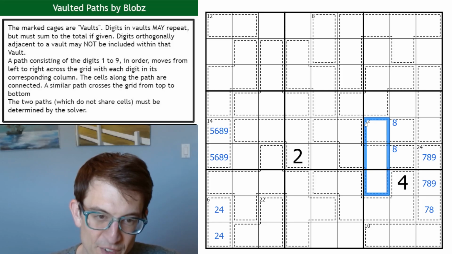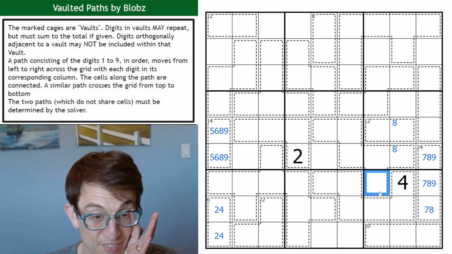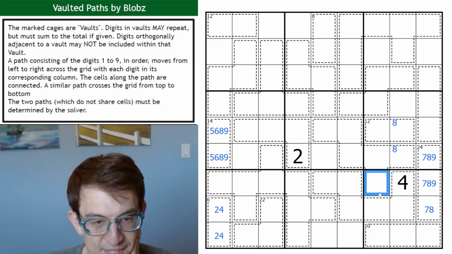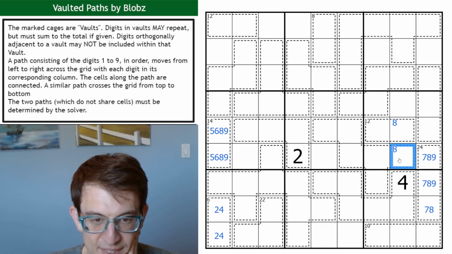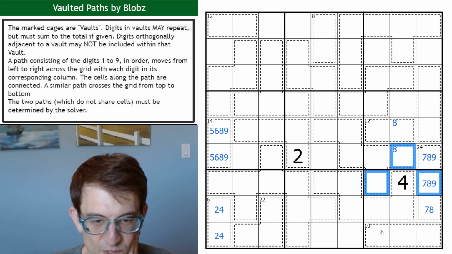And then we get 7 in one of these, but is there any way that this is the 7? If this is the 7, that's the 8. This is the 7. That's the 9. That seems okay. I don't see a problem with that.